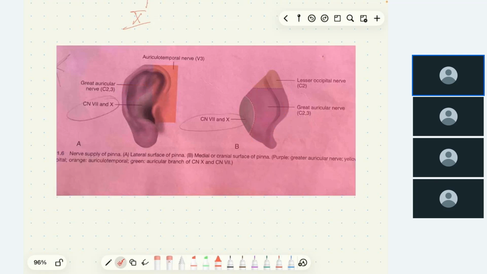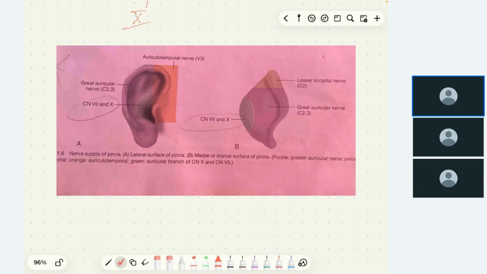Along with C2, C3 greater auricular nerve, the lesser occipital nerve joins here. Also note the cranial nerves supplying the posterior superior part of the external auditory canal go posteriorly to supply the posterior aspect of the medial surface of the pinna.